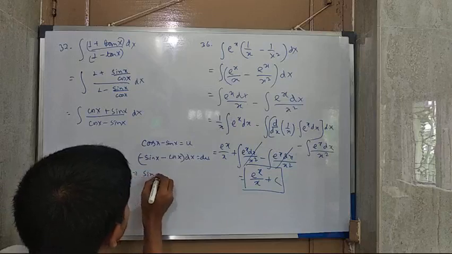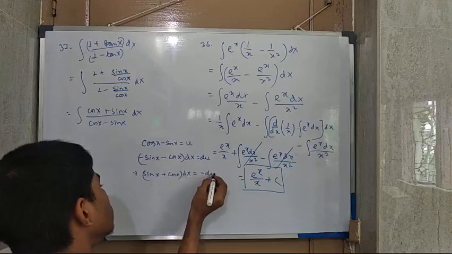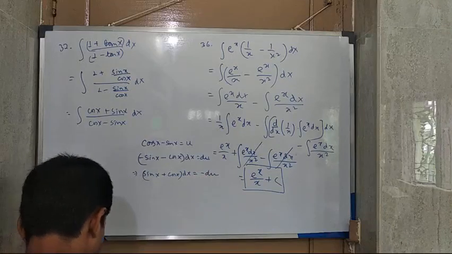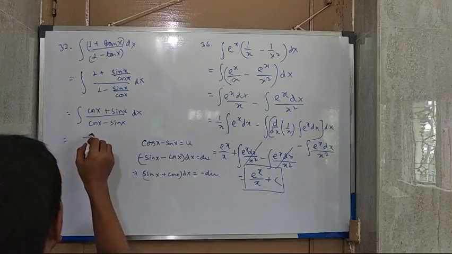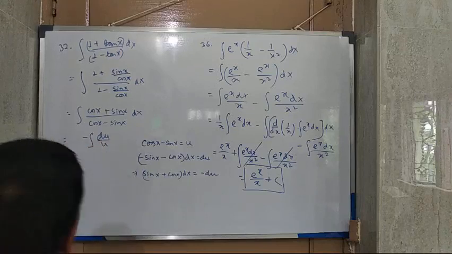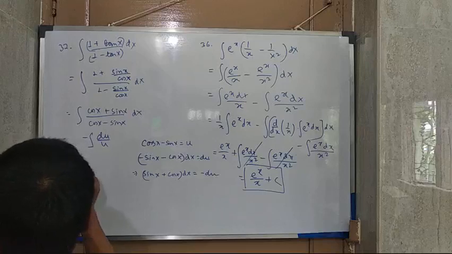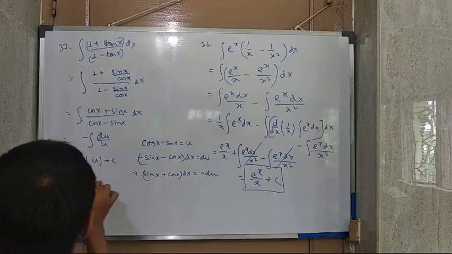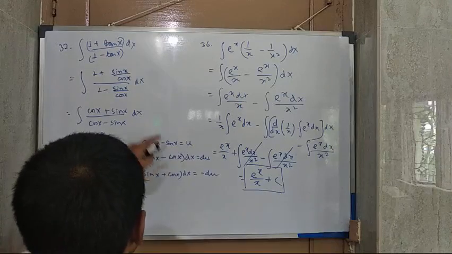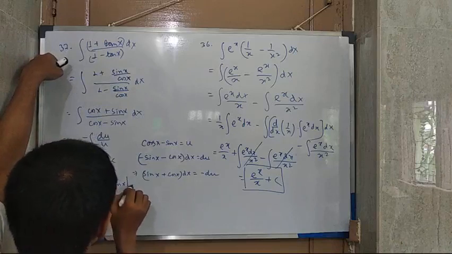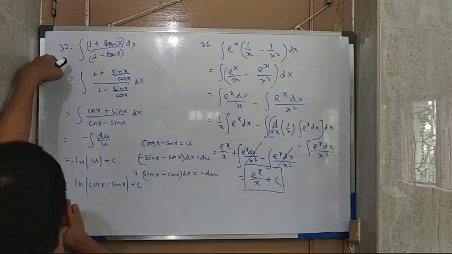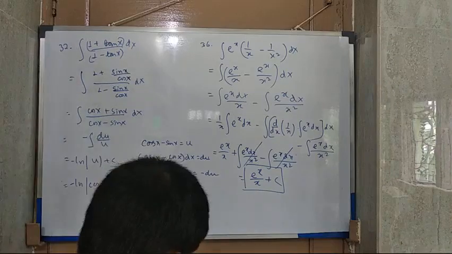So sine x plus cos x dx is equal to minus du. So we can just write it as minus integral of du by u. So this becomes minus ln of u plus c, and u was cos x minus sin x. So this is minus ln of cos x minus sin x plus c. So this is our final answer for the 37th question.